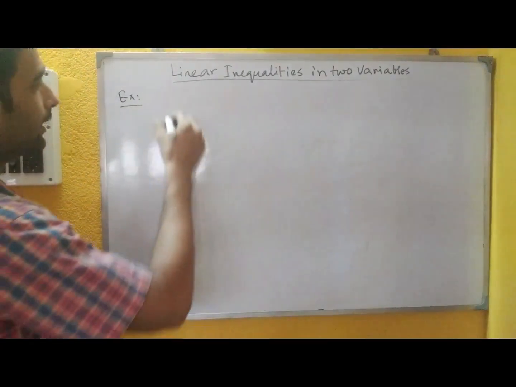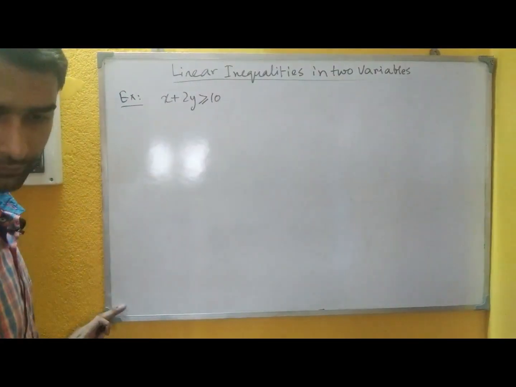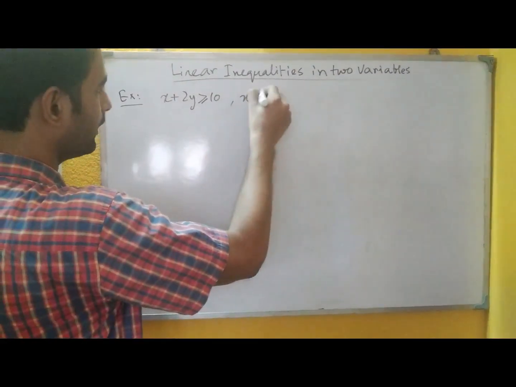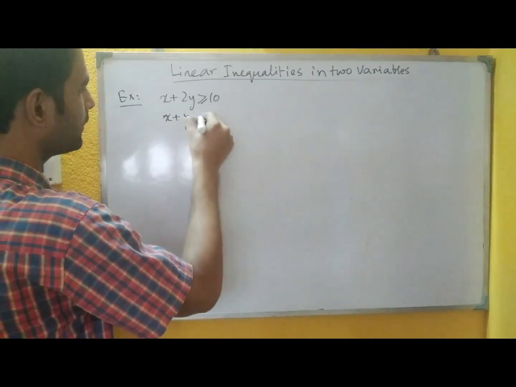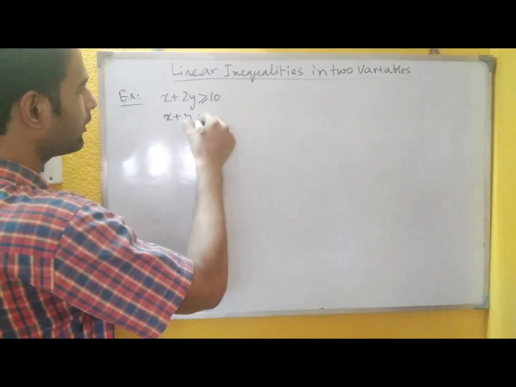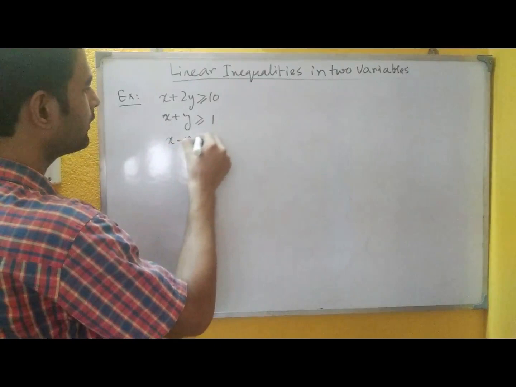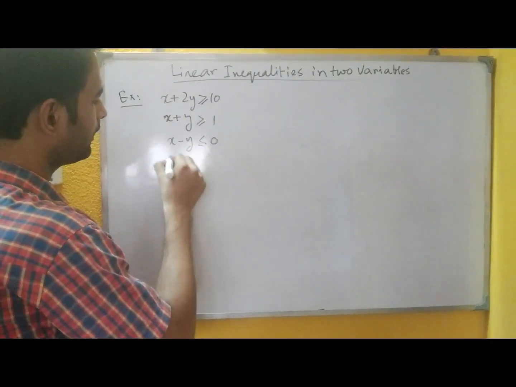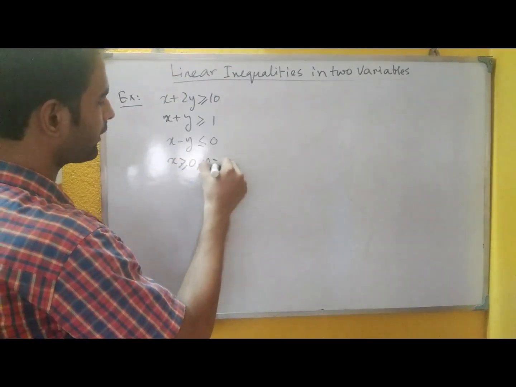The lines are given like this: x plus 2y greater or equals to 10, x plus y greater or equal to 1, x minus y less or equals to 0, x greater or equals to 0, y greater or equal to 0.